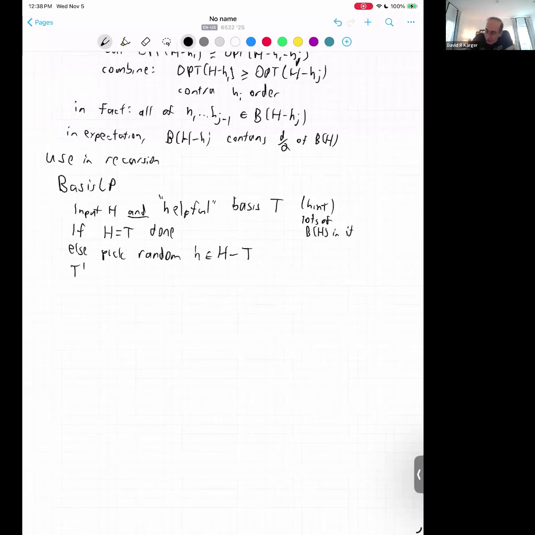We then compute a new basis T prime by computing recursively. So this is sort of Seidel's algorithm, where we throw away one hyperplane and we recurse. It's just that we are recursing with this hint now. Now, what's interesting here is that because we avoided T, it's going to change the odds that we have to update, but there still is a chance that we have to update.